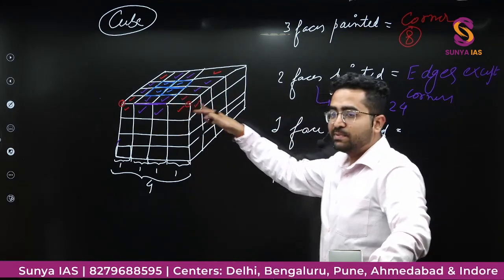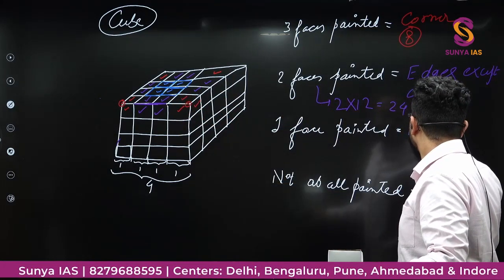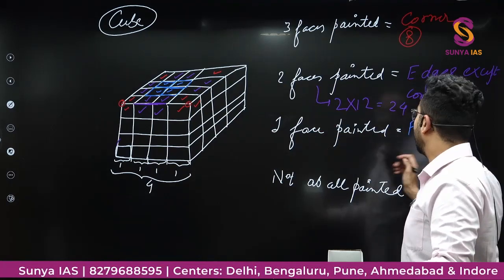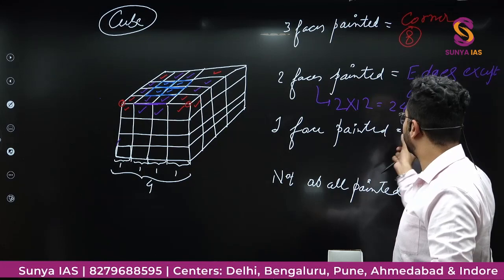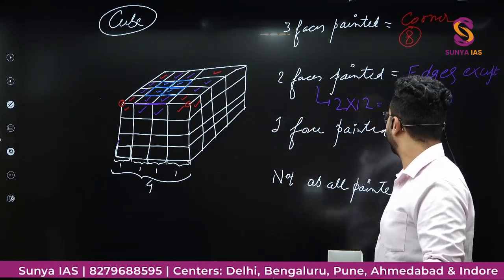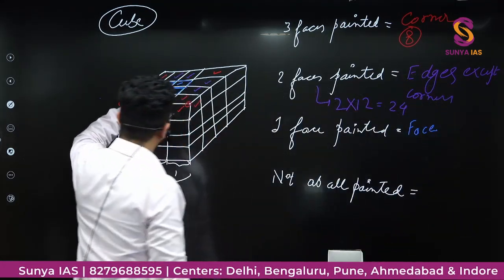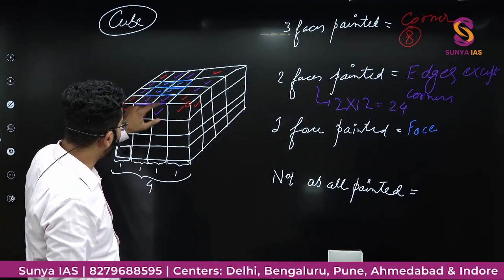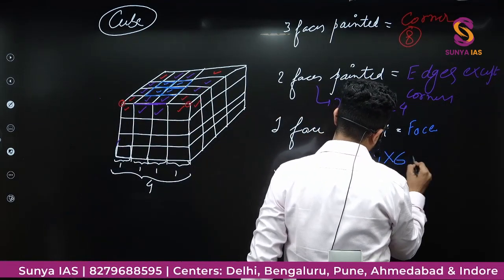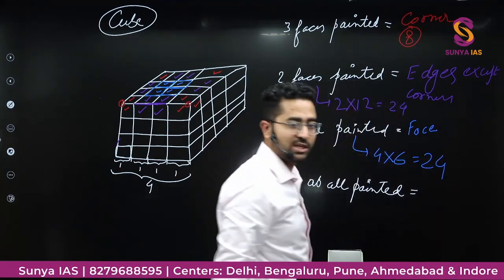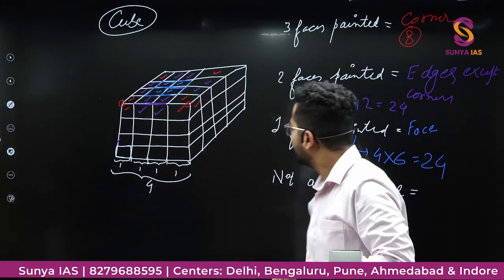So only one face is painted for the cubes that are on a face. There are 4 such cubes in this problem, 1, 2, 3, 4, and there are 6 faces in the cube. So 24 such cubes are possible. Any problem here?